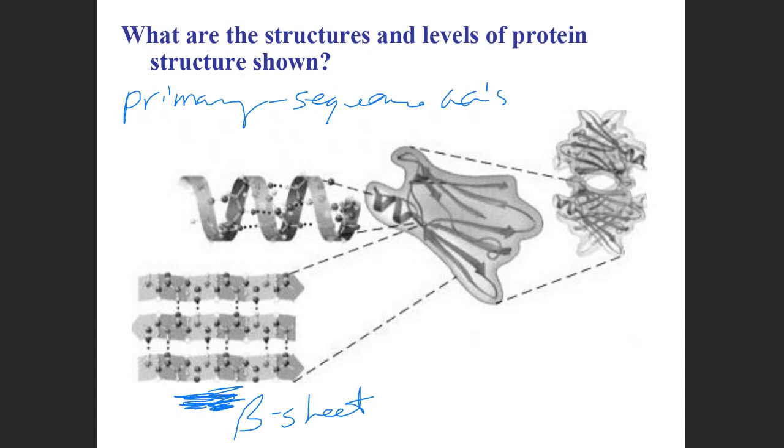And what about this one? No, but this structure. And now what do we call this one? Right, the alpha helix. And so these are both our secondary structures.